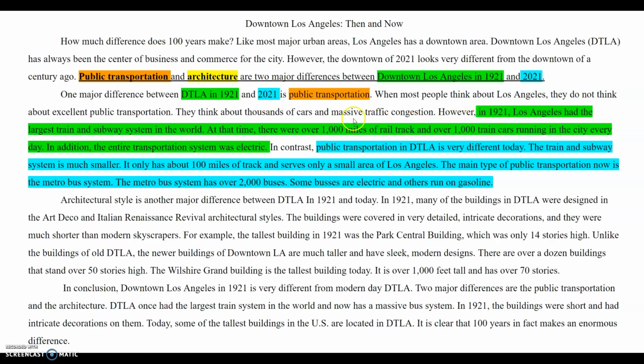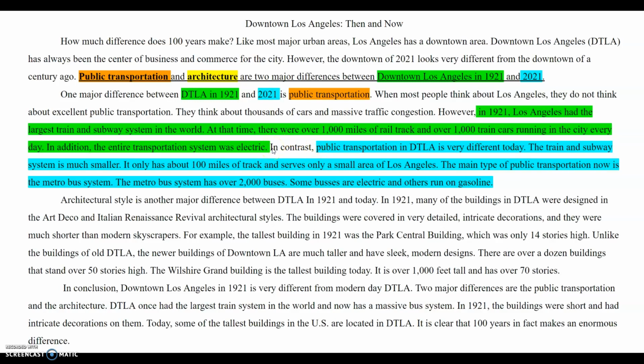So we can see this first part, these sentences here in green, are all about the public transportation in Los Angeles in 1921. And then we come to this transition word, in contrast.